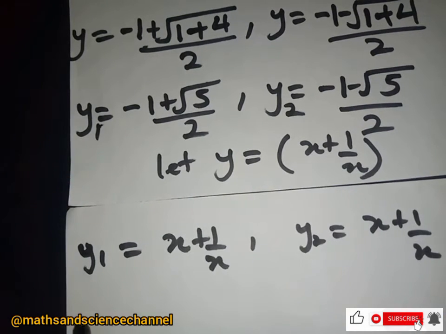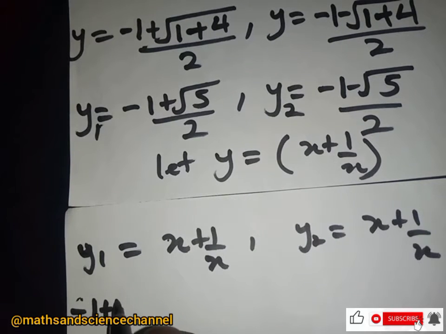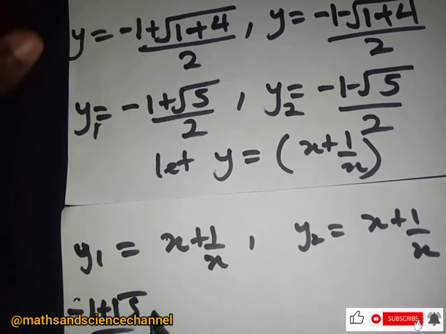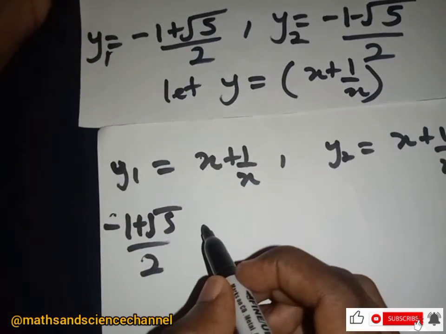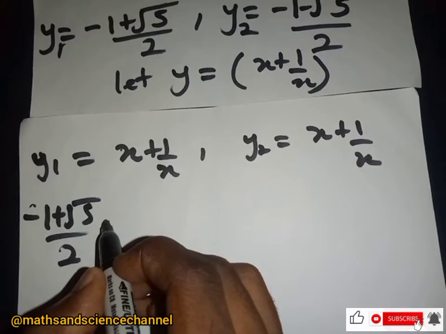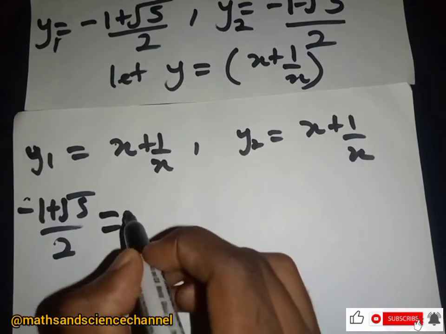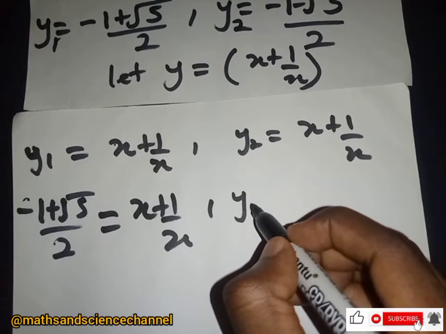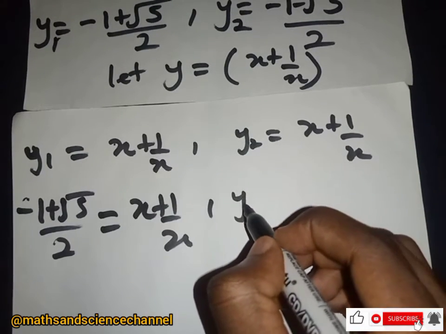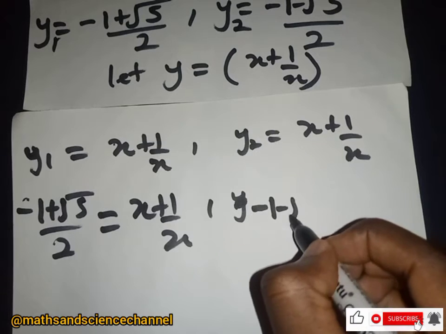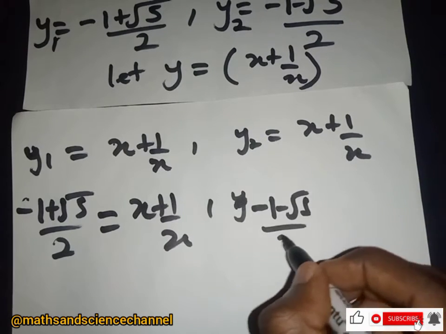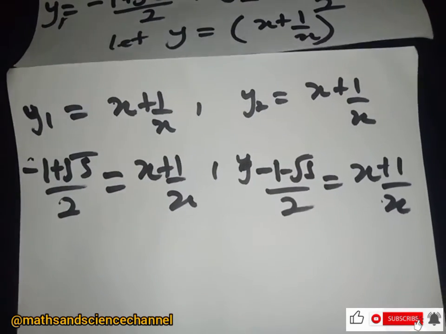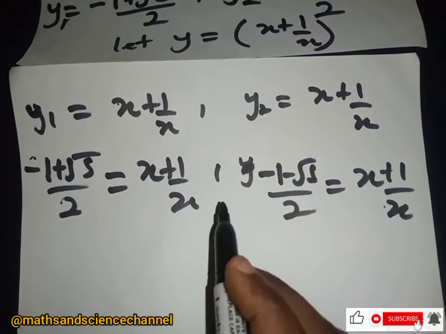Our y1 we had 1 plus square root of 5 over 2 here, being equal to x plus 1 over x. Then y2 is just negative 1 minus square root of 5 divided by 2, being equal to x plus 1 over x here. So we have y1 and then y2.